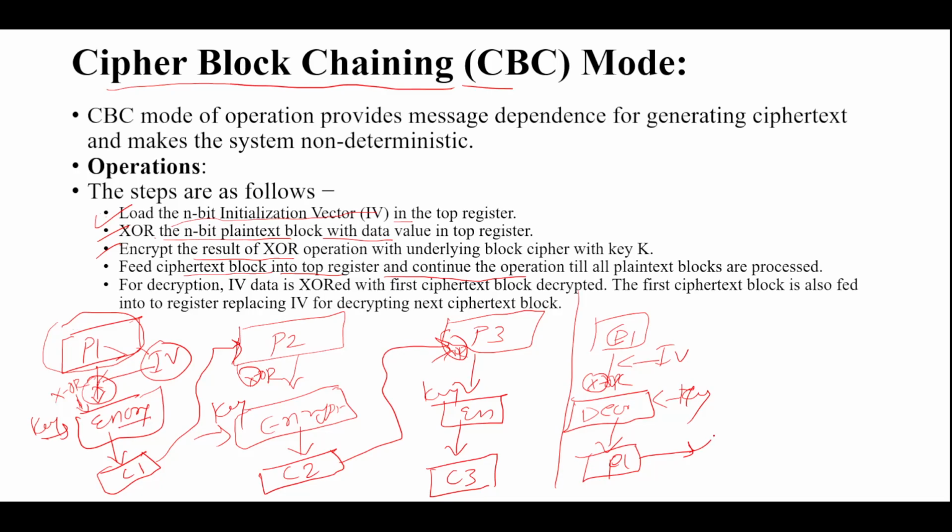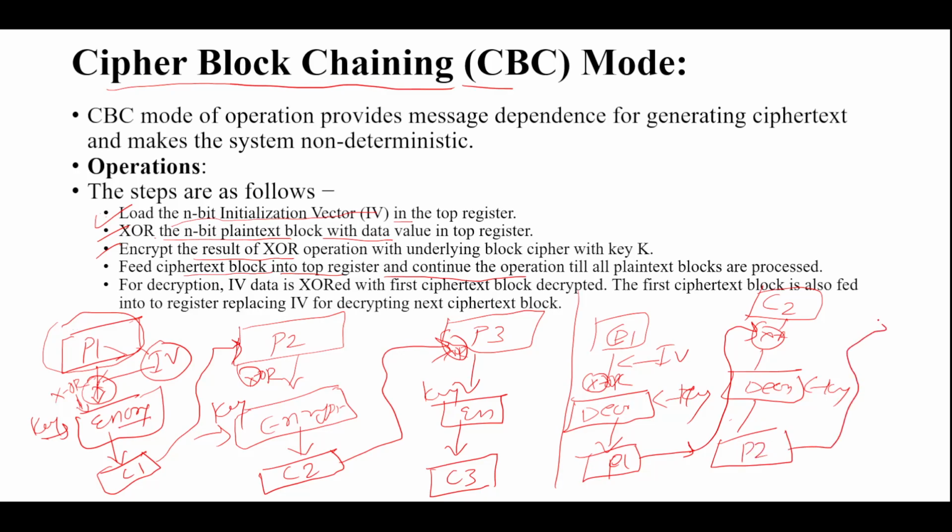That output is given to the next block. The next block C2 is there, then it is XORed, and then decrypted. Very simple. The same key we are using here. Do not be confused: the same key is used in all the processes.